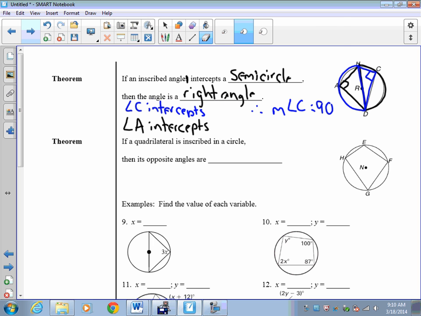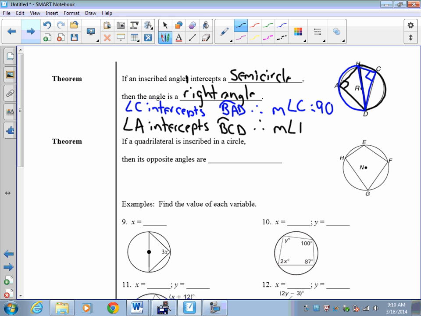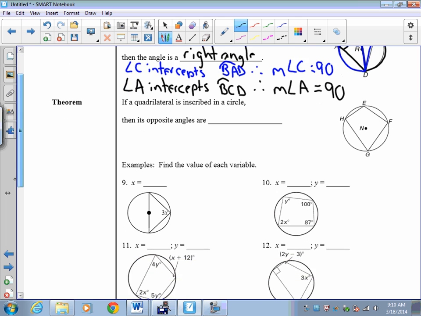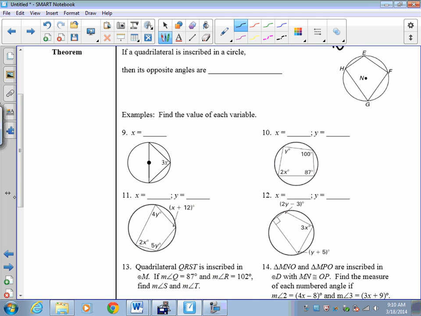I have some bad letters here. This is BCD. This is BAD. Therefore, the measure of angle A is equal to 90. Like I said, we've already talked about that one.